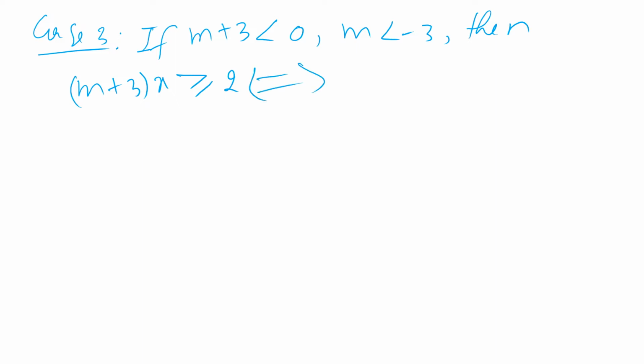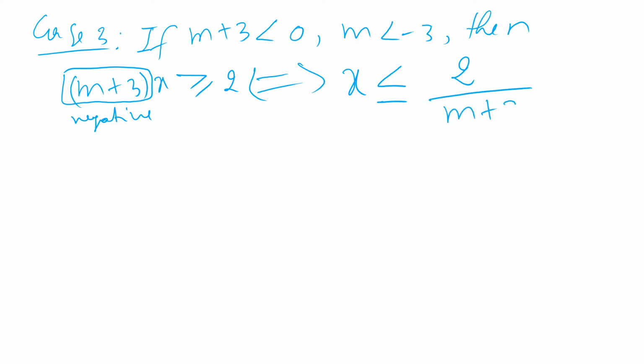Pay attention now. This coefficient of x here is negative, and we have seen that if we divide or multiply both sides by the same negative number, then the inequality is reversed. Since m plus 3 is negative, this inequality has to be reversed, then we get x which is less than or equal to 2 over m plus 3.